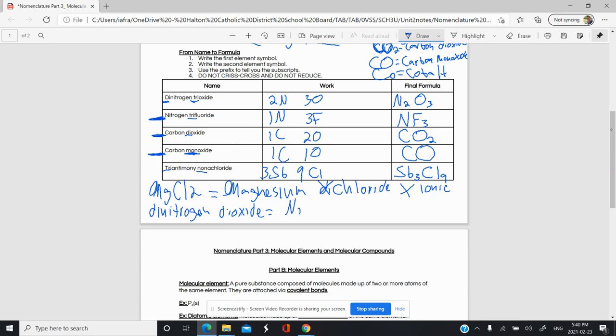The student starts off great and then gets this. Try to find what the mistake is. Good. So you notice that this is a molecular compound. So don't reduce for molecular. And so it should have stayed as N2O2.